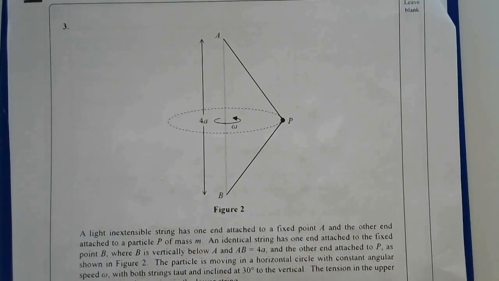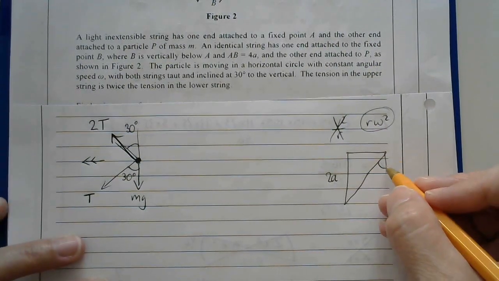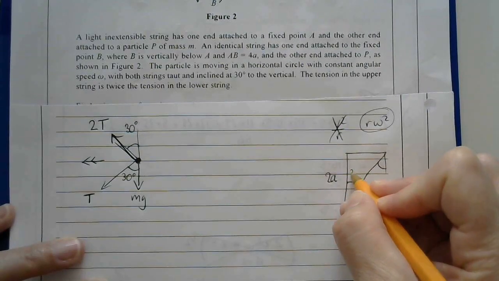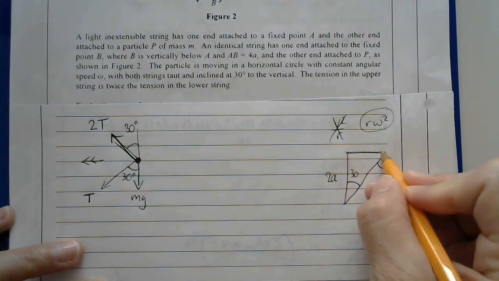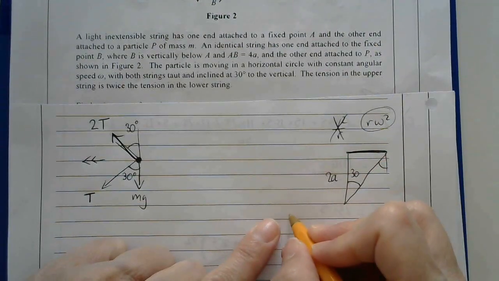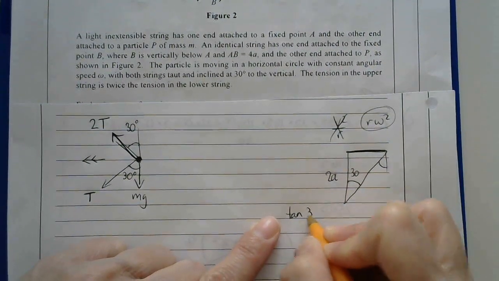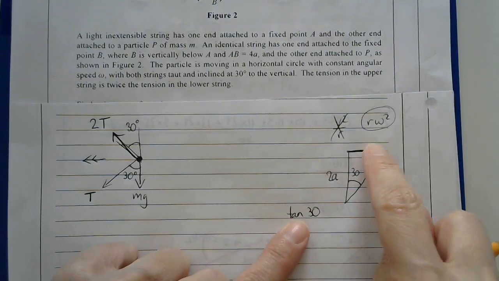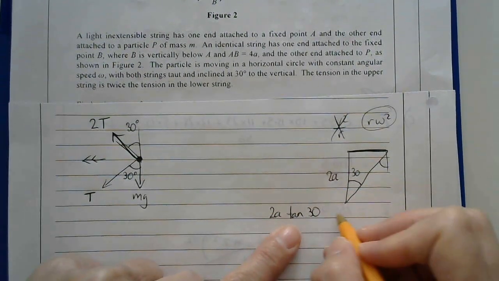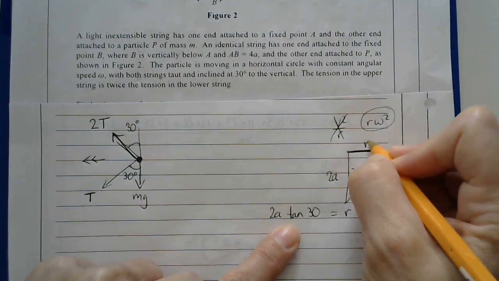I know the angle with the vertical is 30, so using tan 30, the radius divided by 2a, so 2a times tan 30 will give me the radius.